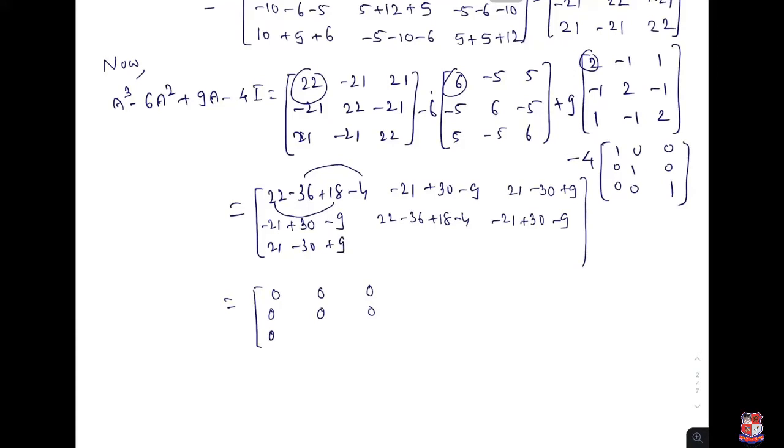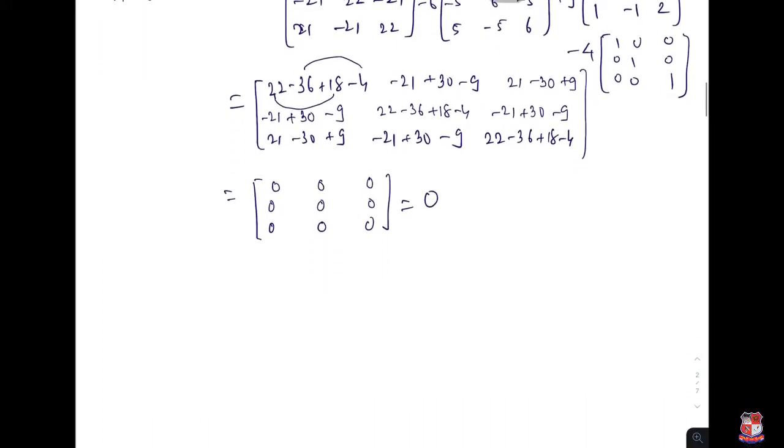Then minus 21 plus 30 and minus 9, so that is also 0. Next is 22 minus 36 plus 18 minus 4, so that is also 0, and so it's a 0 matrix.